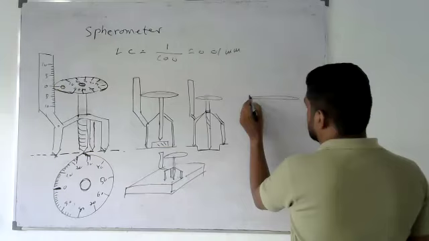Just imagine that initially it was somewhere here. After you measured the thickness, it went past the 0 to the other side. Here we take 22 and 32, 0 here.